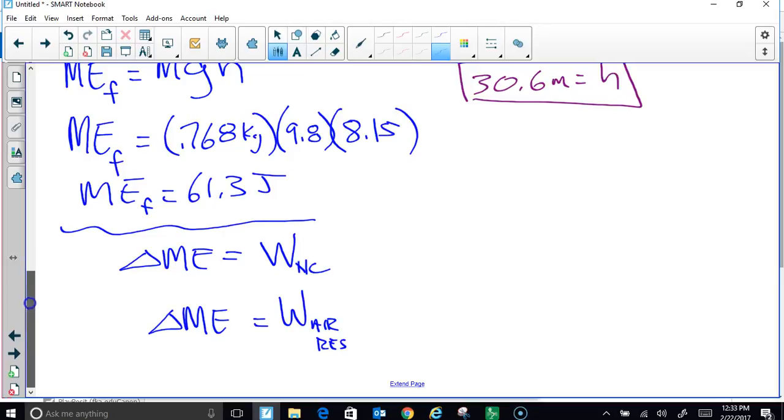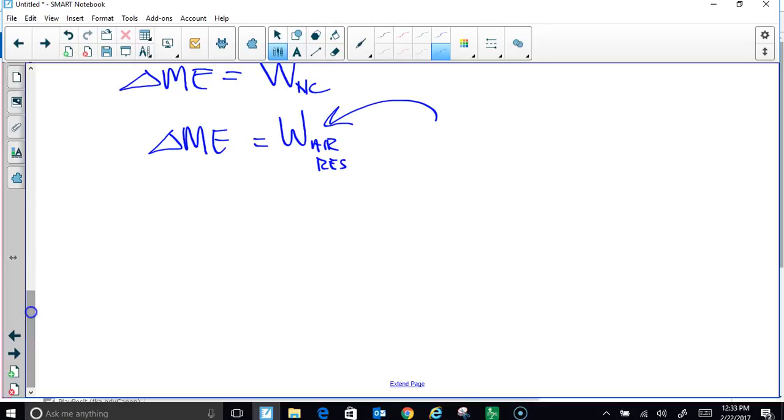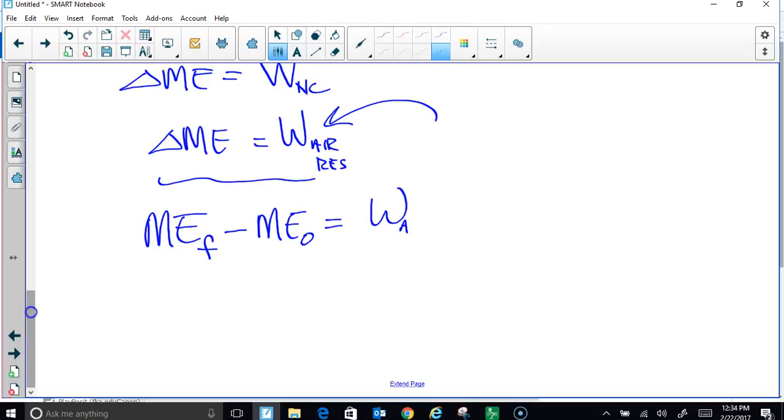So since it wasn't conserved and there was a change, that change came from whatever work was done by air resistance. Well, I can figure that out pretty straightforwardly. By the way, there's lots of ways to look at this relationship. But in this case, I think this works out the best. That means the final mechanical energy minus the original has to equal the work done by the air resistance.